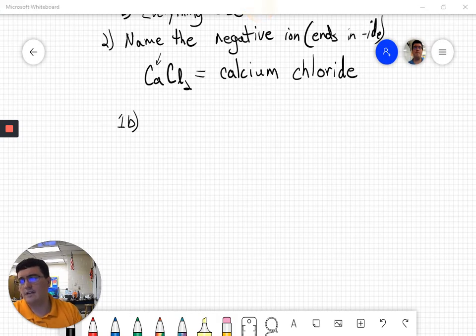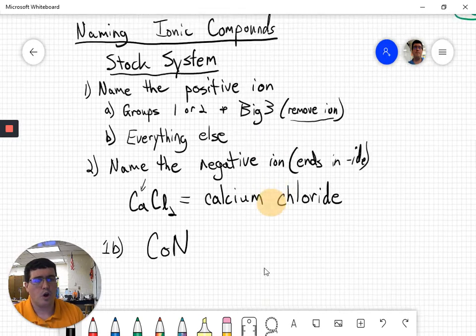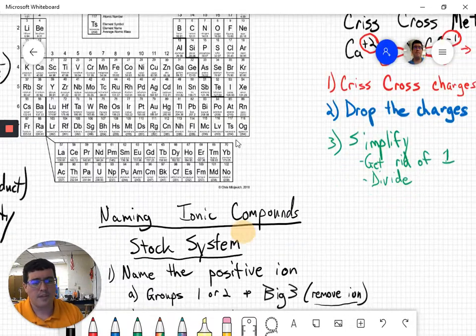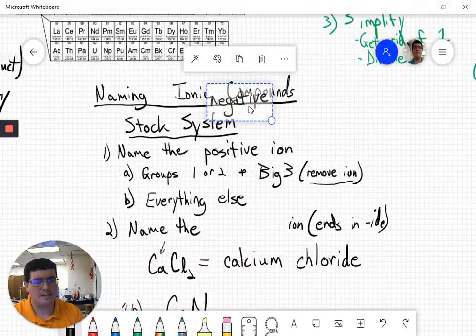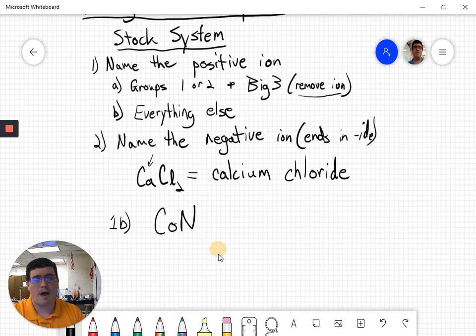What if we looked at CoN? Now we've got an element that's not in group 1 or group 2. Cobalt is actually right here in the middle of the table. The negative ion is still going to be fairly easy. But we've got to worry about that positive ion.